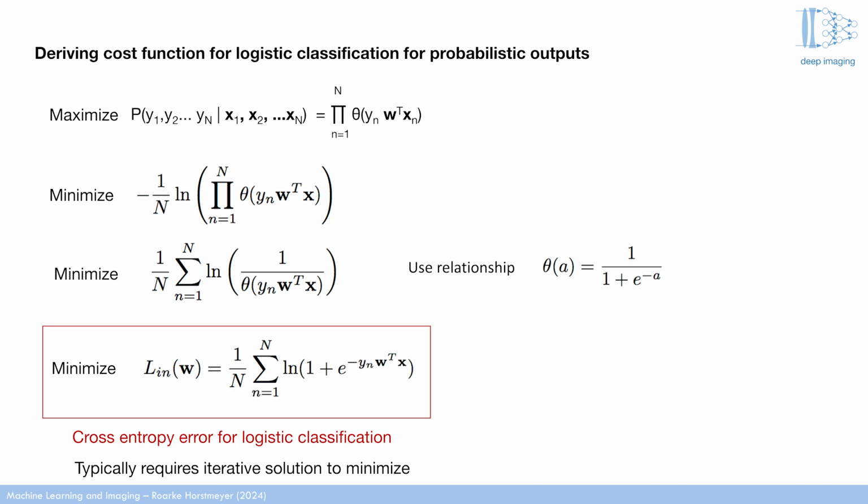I'm not deriving every single step, but what you get is this expression where the loss is equal to the average value of the log of 1 plus e to the, what was inside our sigmoid: label times inner product of weights times inputs. It's just some mathematical expression, but this is called cross entropy loss, right?